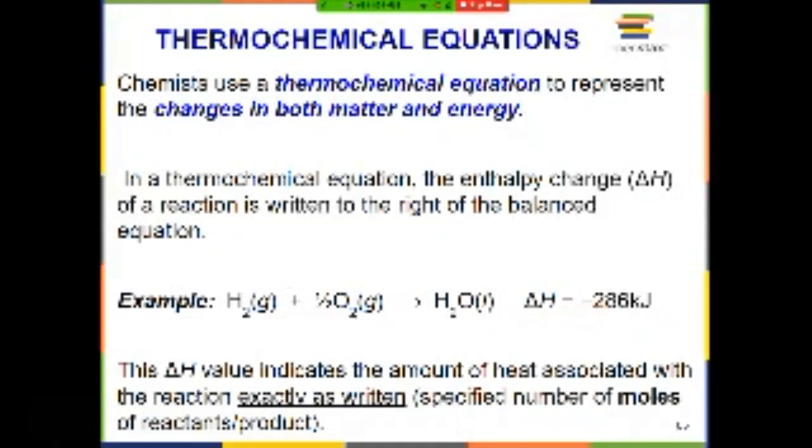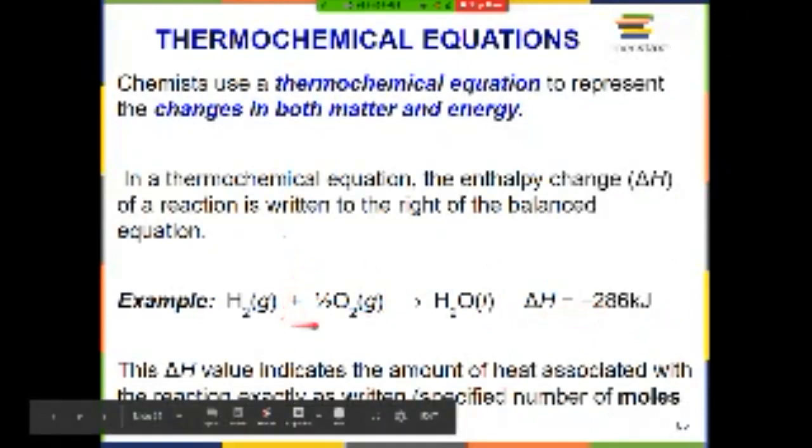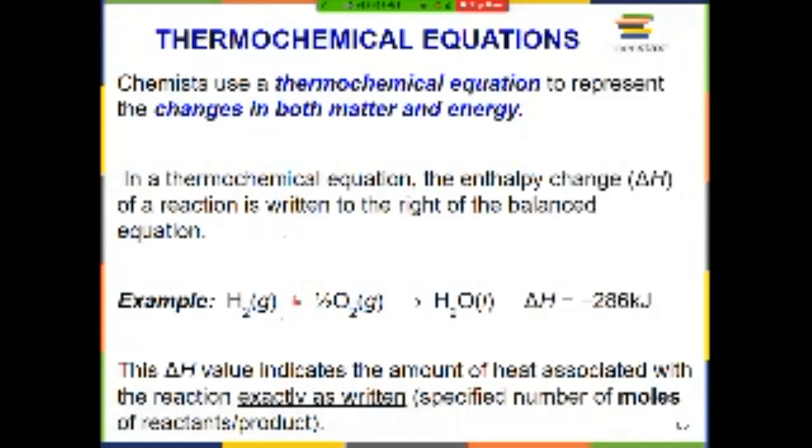And what that delta H value is, this is what the note on the bottom is referring to, is the amount of heat associated with the reaction exactly as it's written, which is why we can get away with using this coefficient of 1/2 right there. In the preceding 4 chapters this semester, we said that those coefficients always have to be whole number ratios.